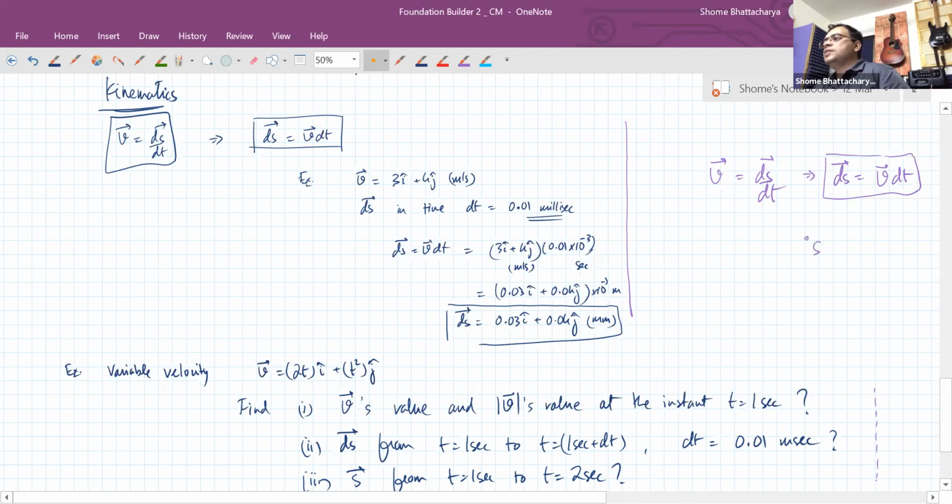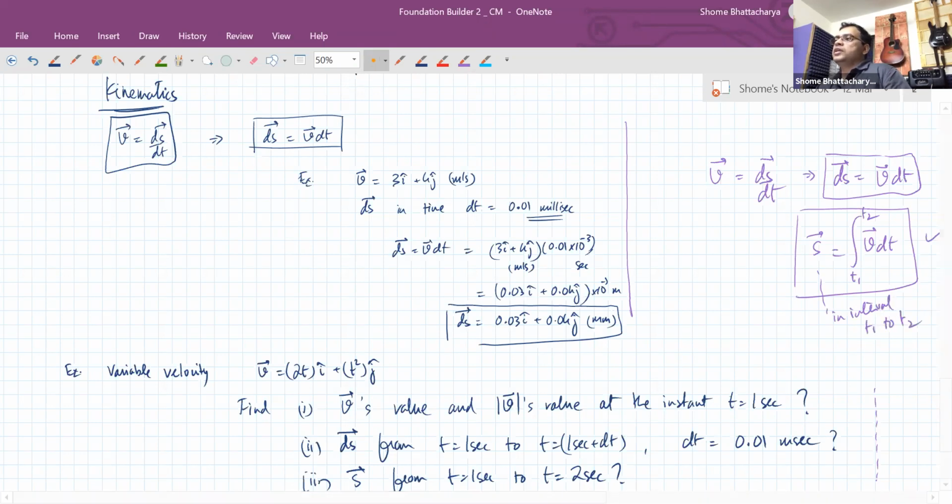But a total displacement s will become integration of velocity with respect to time from whatever time t1 to whatever time t2. So this is the displacement in the interval t1 to t2, whereas the one above that we have written, ds, this is in a very small interval of time dt.